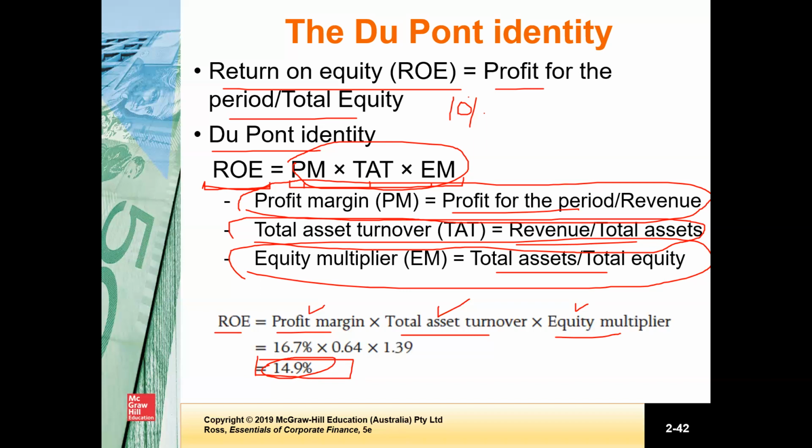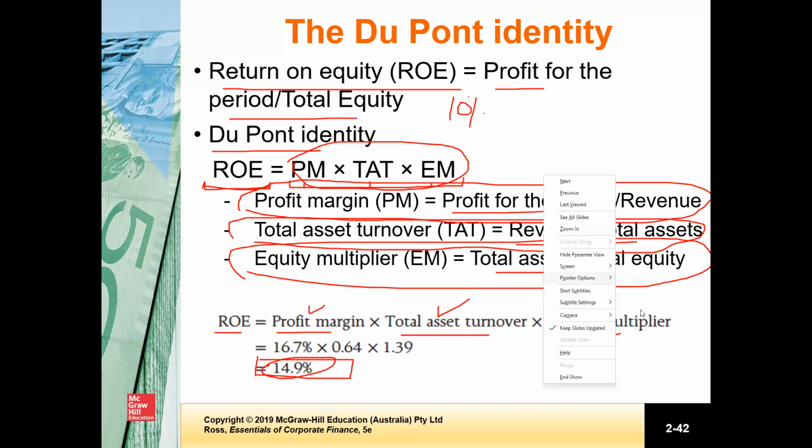So by this time, you understand that considering this DuPont identity, weakness in either operating or the asset use efficiency will reduce your return on equity, right?